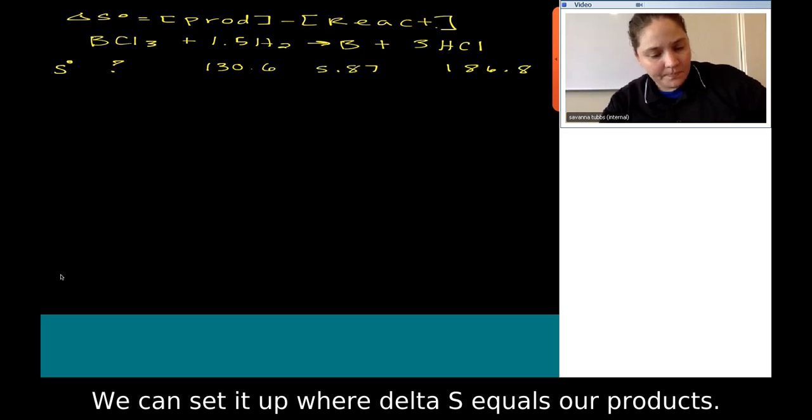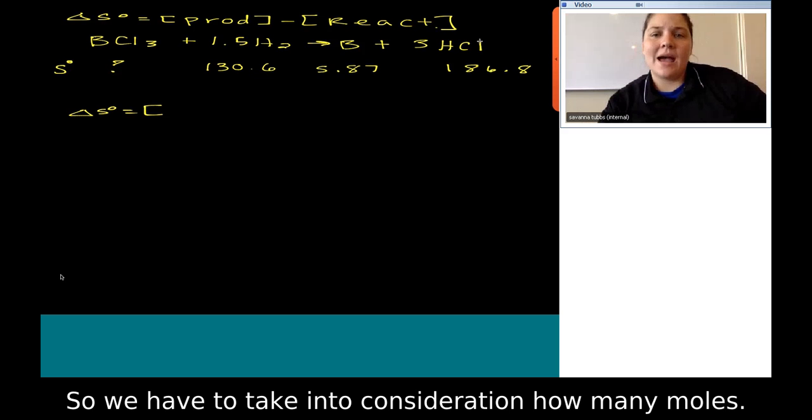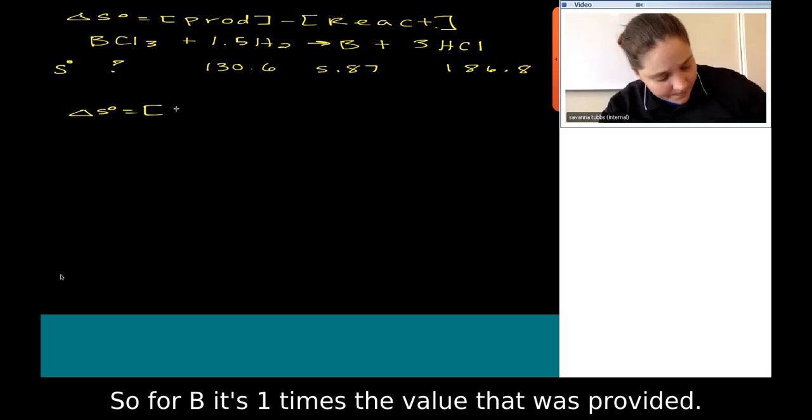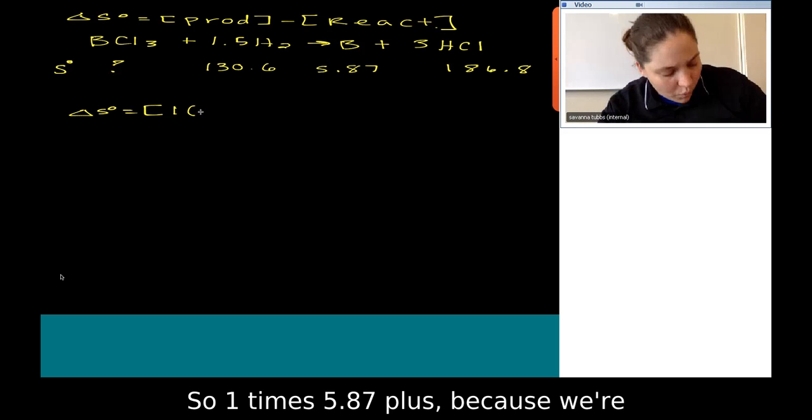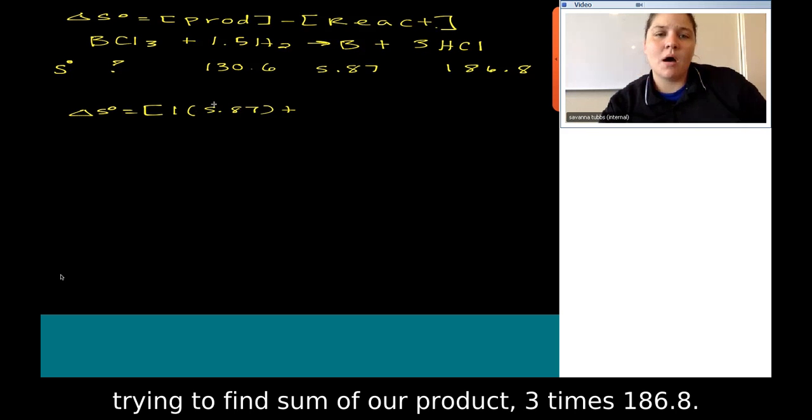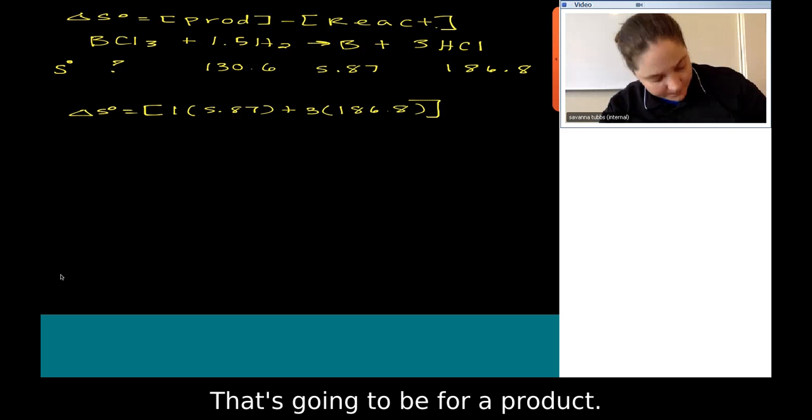So let's figure out what we do. We can set it up where delta S equals our products. So we have to take into consideration how many moles. So for B, it's 1 times the value that was provided. So 1 times 5.87 plus, because we're trying to find the sum of our products, 3 times 186.8. And that's going to be for our products.